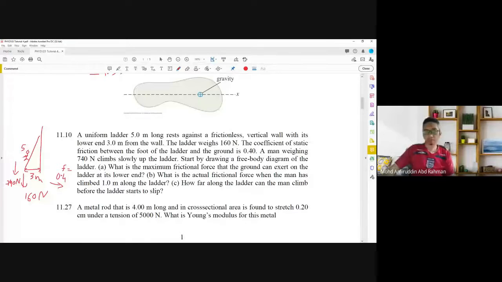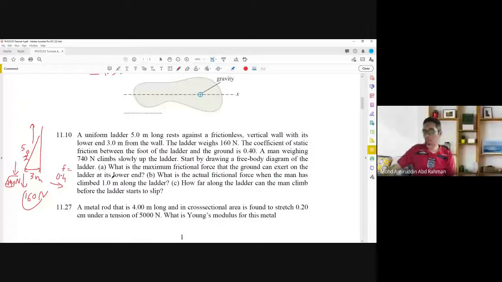So what is the frictional force? First we need to know our normal force acting upwards. Total is this one plus this one, which equals your normal force, which is 900 Newton.